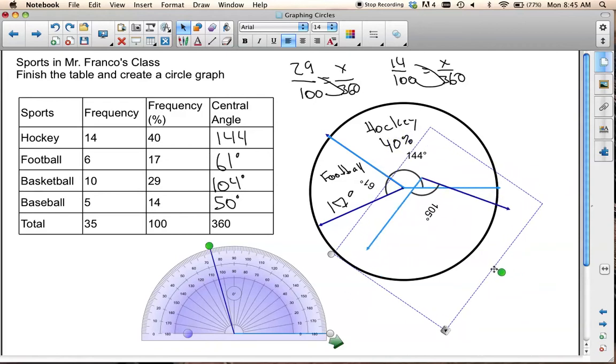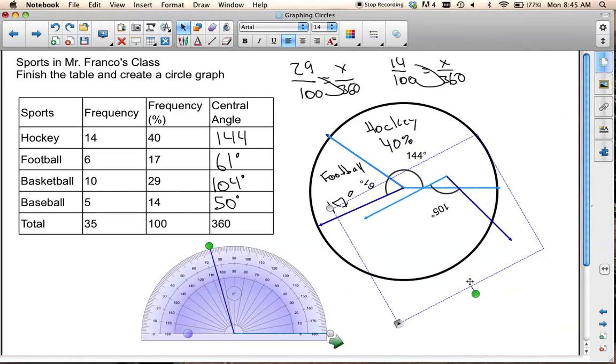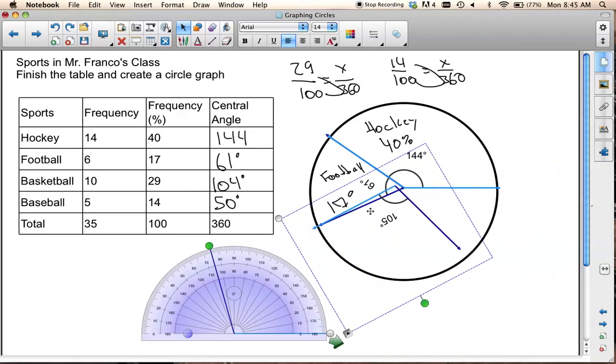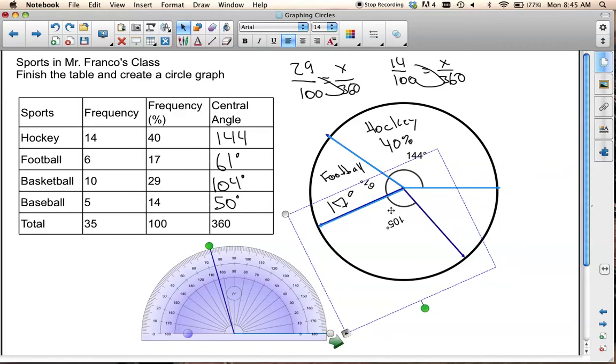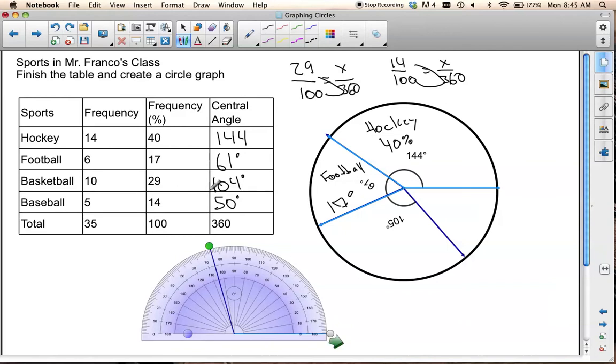And then once that's done, it ended up being 105 degrees, but remember what we said about we were off by 1 degree. Once that's done, I'd be like, all right, well, basketball. And basketball ends up representing 29%, and then all I have left is the 14% for baseball.